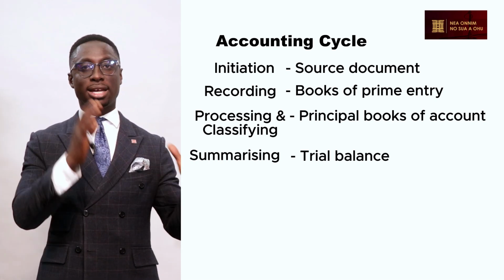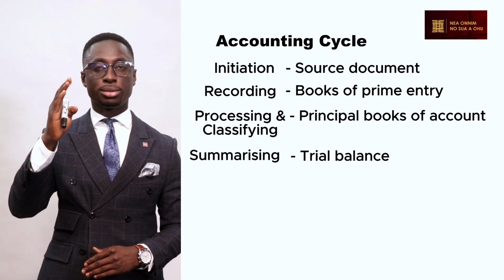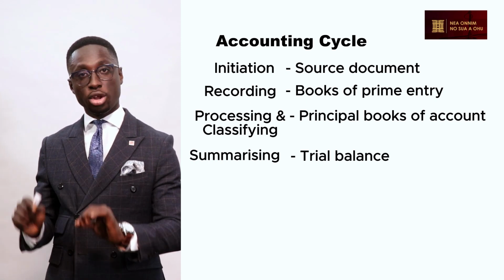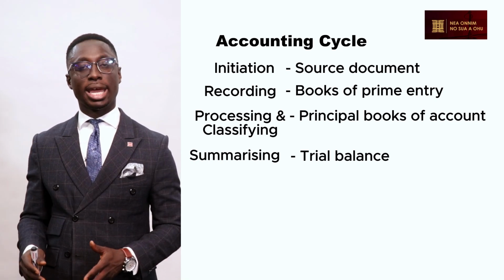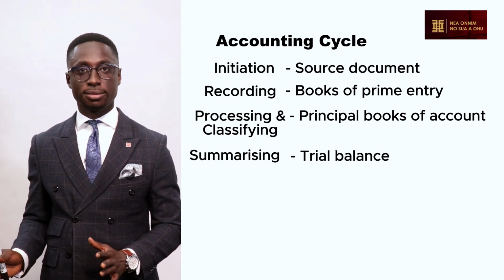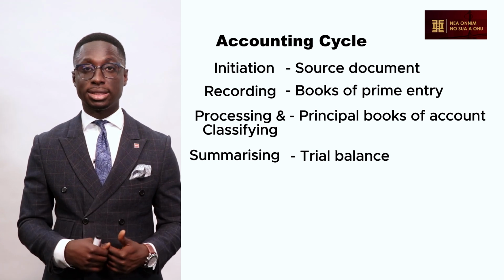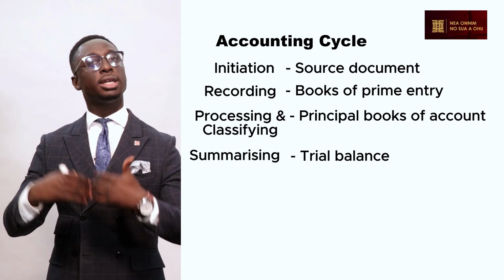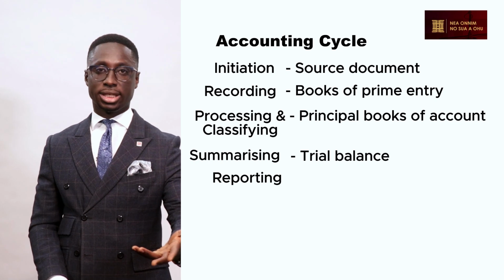So these accounts are going to be having balances either under the debit column or the credit column. At the end of the day, on the trial balance, the sums or the totals of the debit column and that of the credit column should be equal to each other. And that is one of the ways to test, or the sure way to test, if your trial balance is correct. So that is the trial balance for the activity of what? Summarizing. Beautiful.